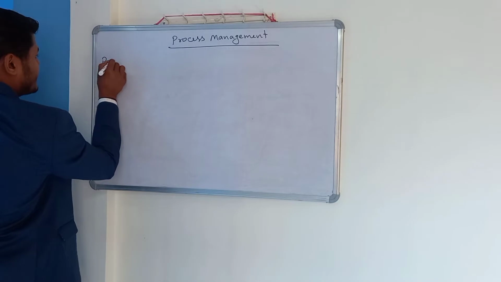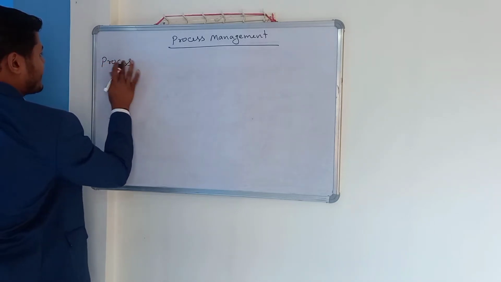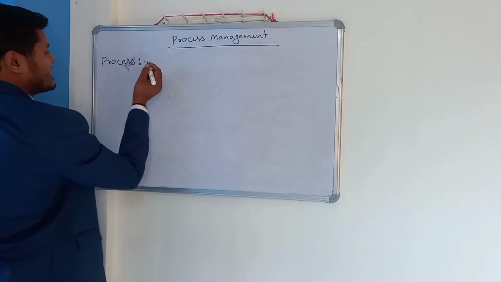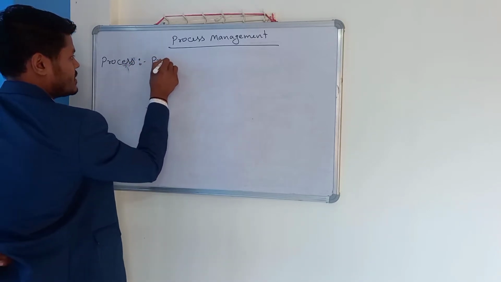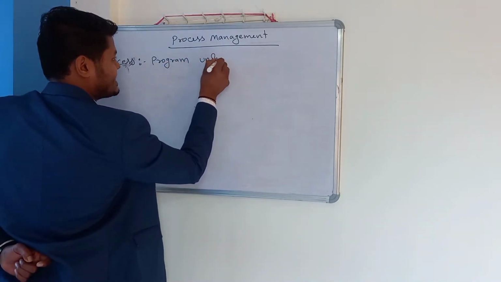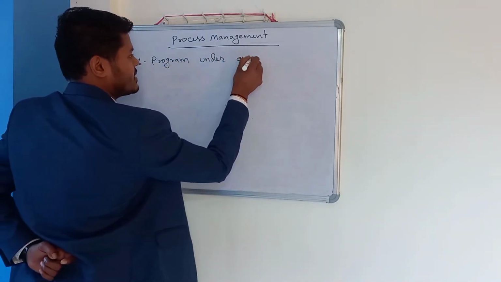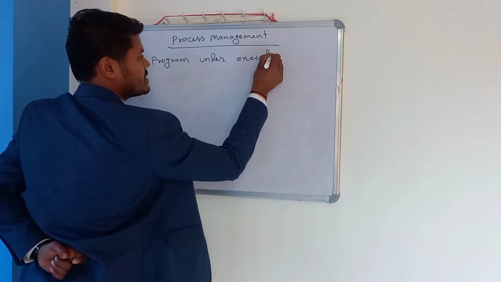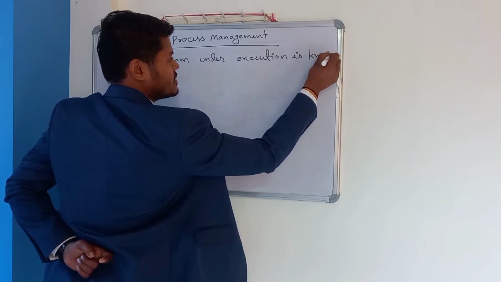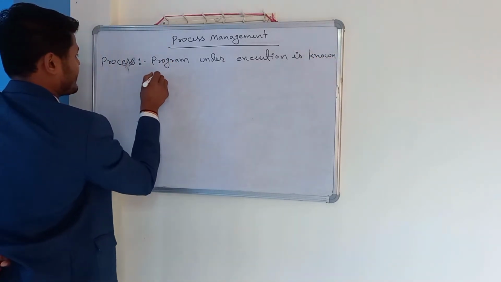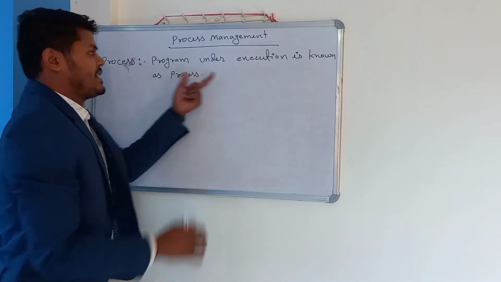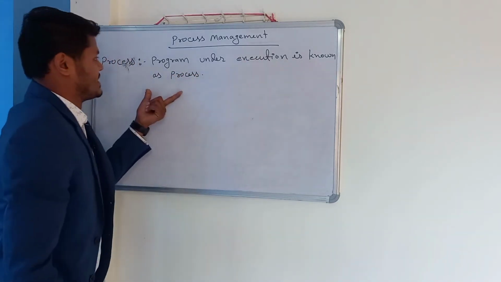Definition of a process: a program under execution is known as a process.